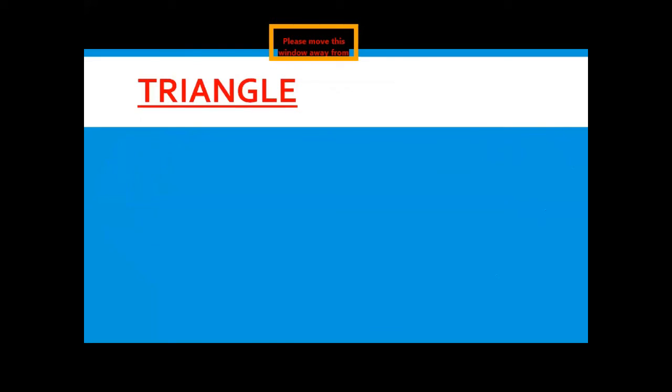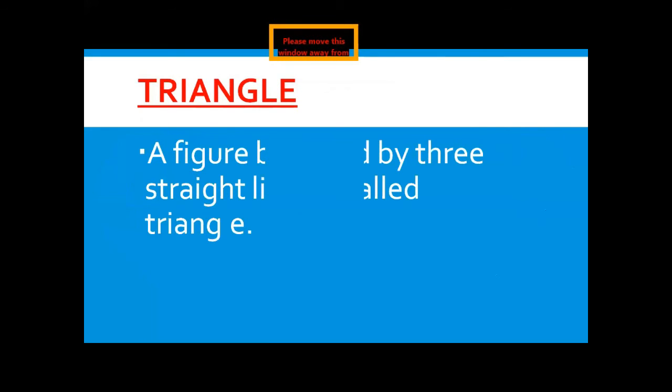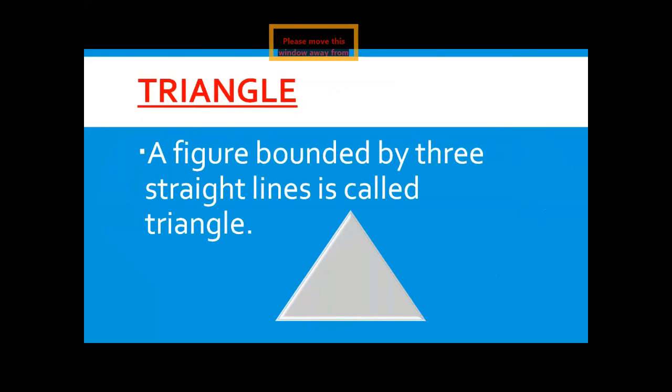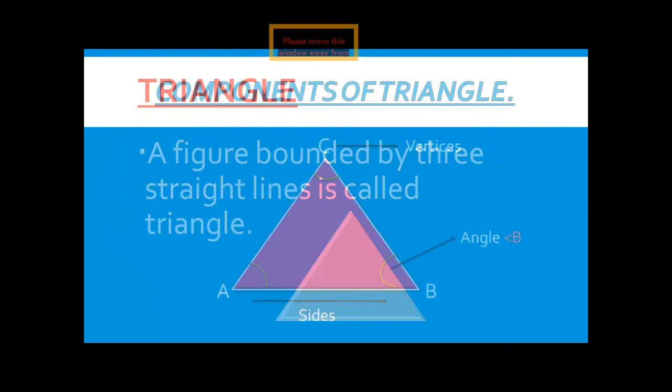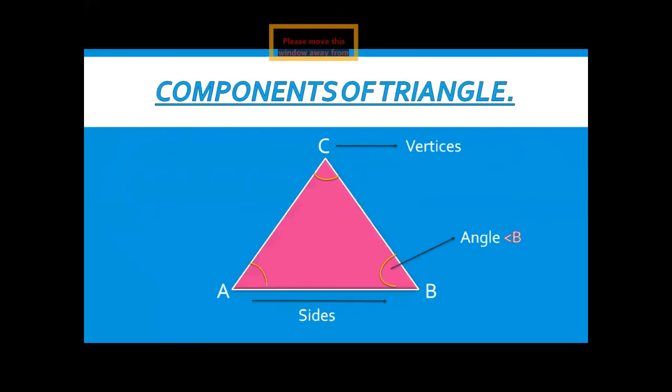So in your fair copy, first you have to write the main heading of triangle, then the definition of triangle, and after this use an interleave page to draw the shape of triangle. Always use an interleave page for any shape of triangle, like components of triangle, vertices, whatever it is.